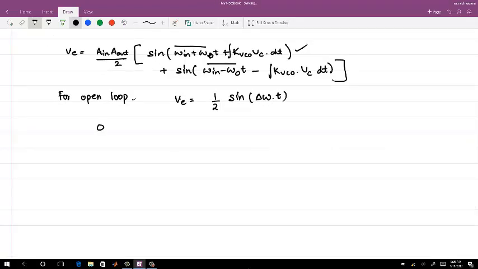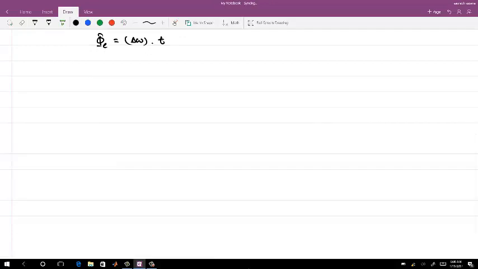So if we consider only the phase error, that is equal to delta omega times t. Okay, so this is the rate at which the phase error would be increasing all the time if this was an open loop. So let me just plot that.